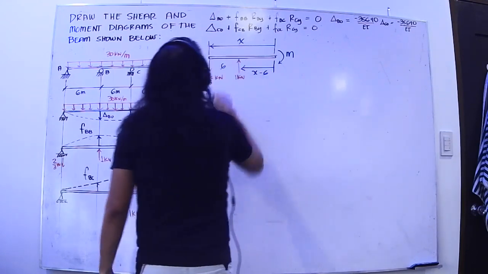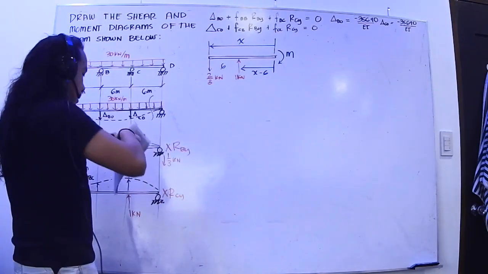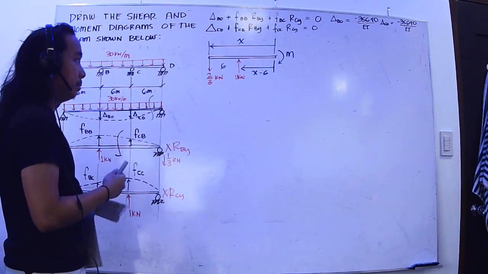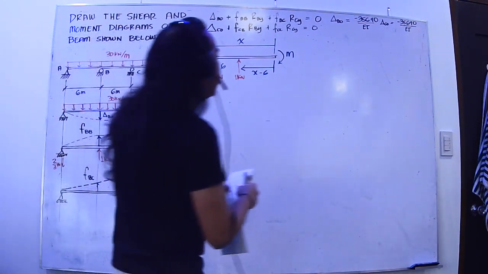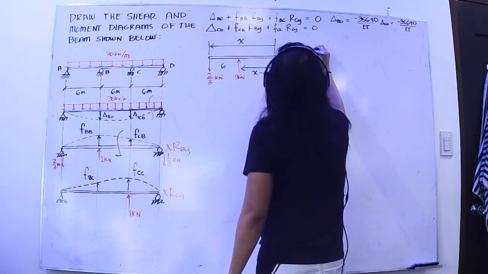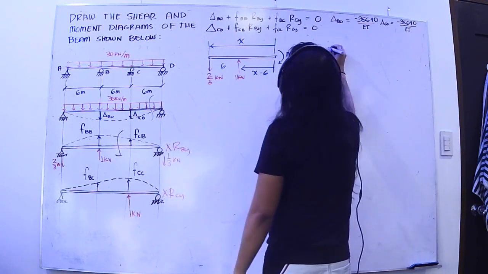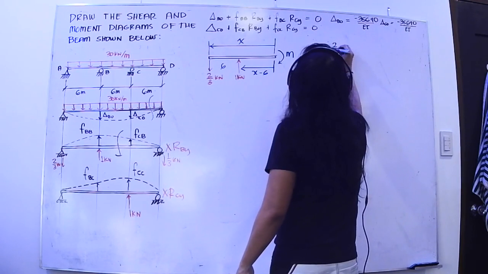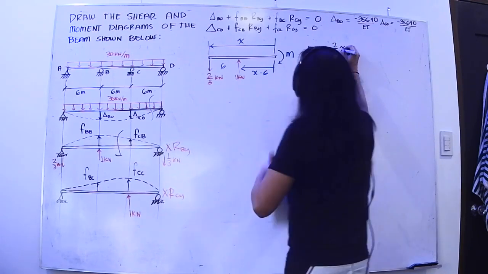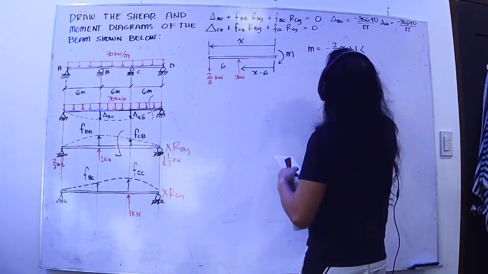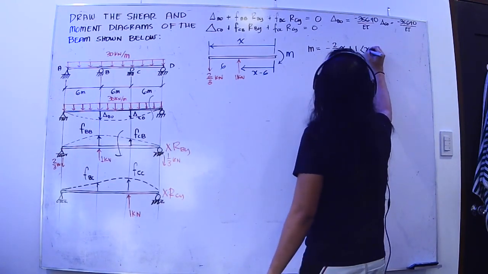Now, I would like to construct the moment equation using Macaulay brackets. Direct integration lang gyapon ta. So the moment equation should be equal to negative 2/3 x, then positive 1 times the Macaulay bracket x minus 6.